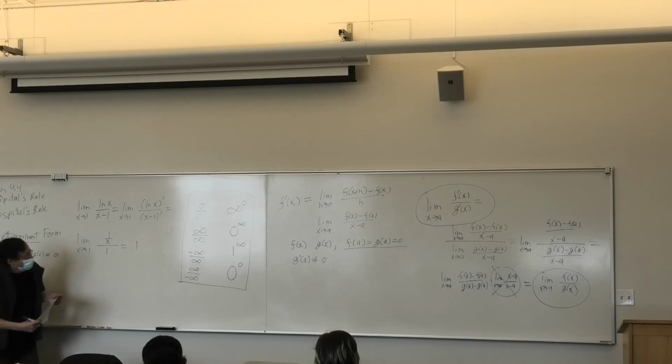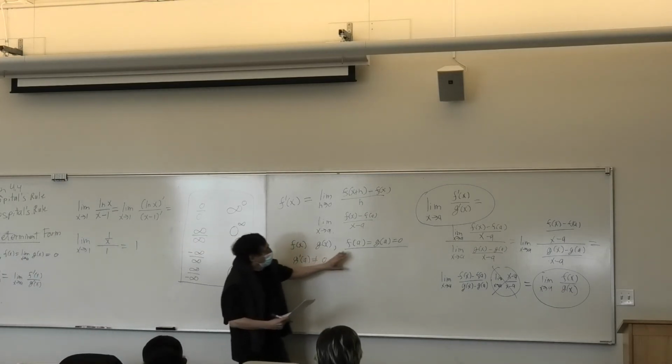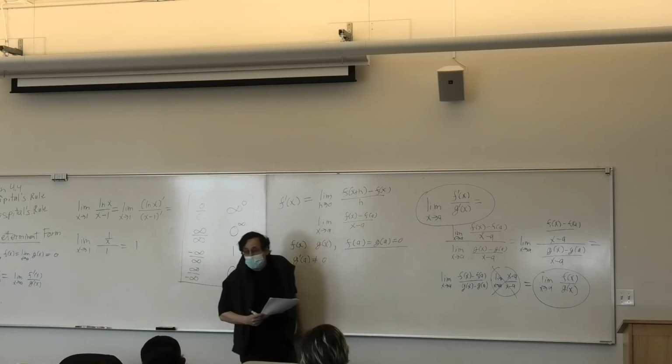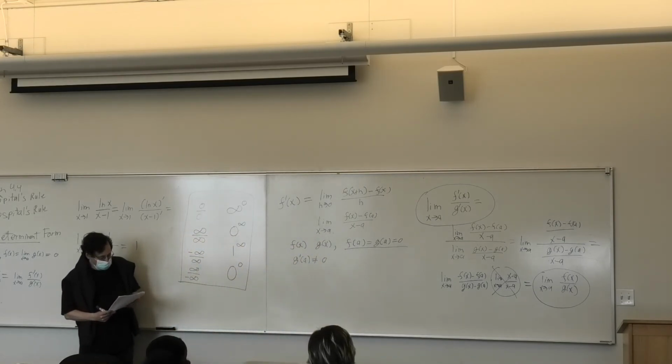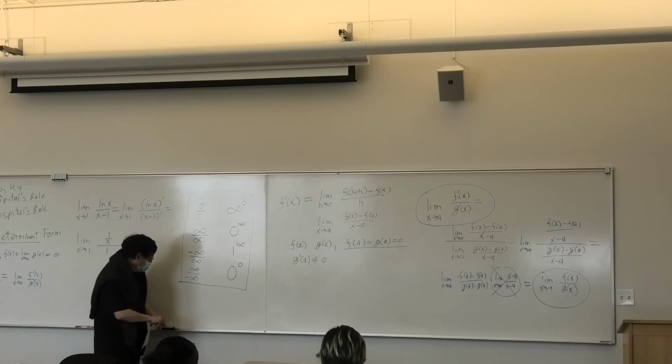Now, we only developed it here for that indeterminate form. And I'm not going to go through and prove L'Hopital's rule for each of these, but we'll do some examples here.